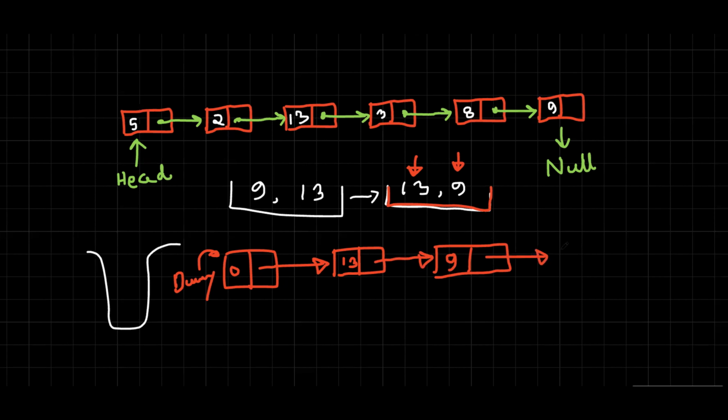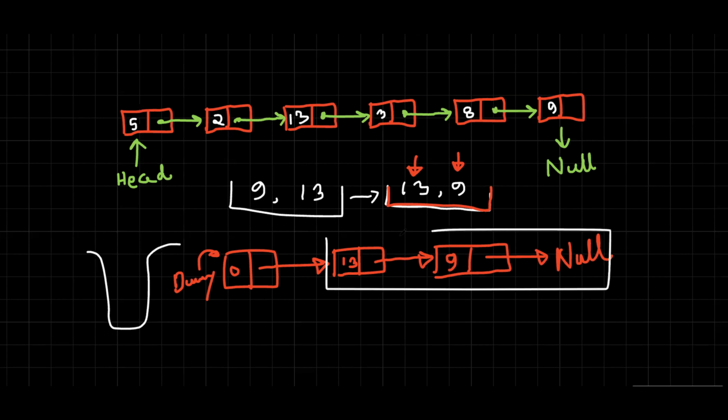Finally, the next pointer of the 9 will be null. Now, we have to return only this portion of the linked list because we will not consider the list node 0. So we will simply return the dummy's next pointer. And this is how we're going to solve it.